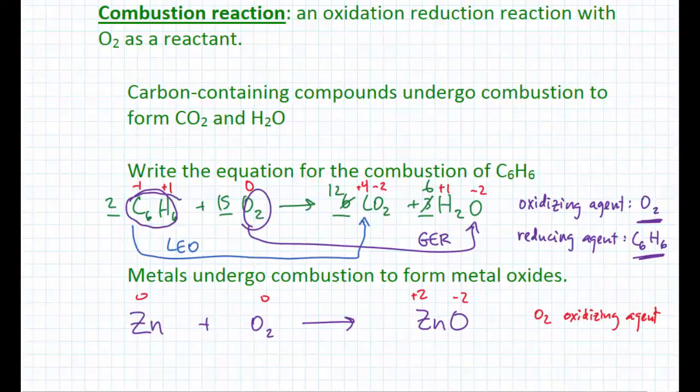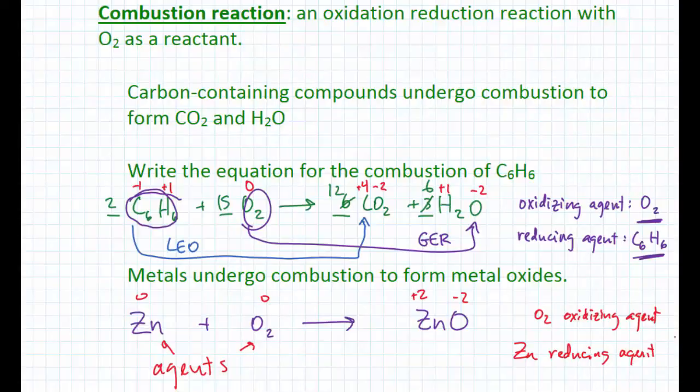So when you write the reducing agent, like Zn, would you always write Zn? Nope. The agents are always the reactants. Okay? So Zn is the reducing agent. We're thinking about, okay, I've got something, I need that to be oxidized. What am I going to add into it?